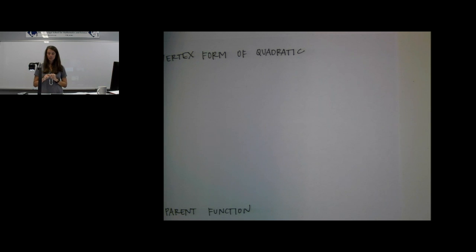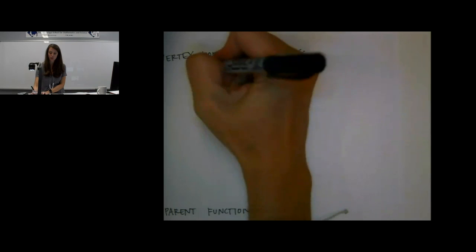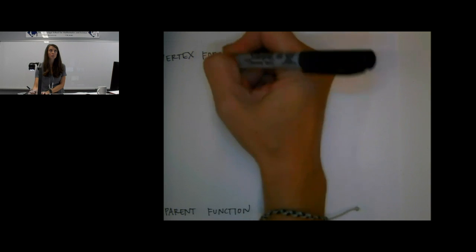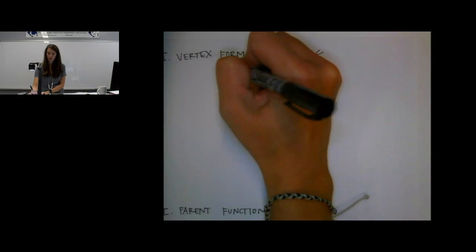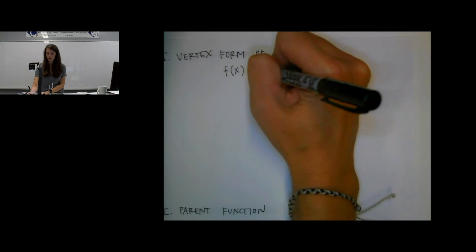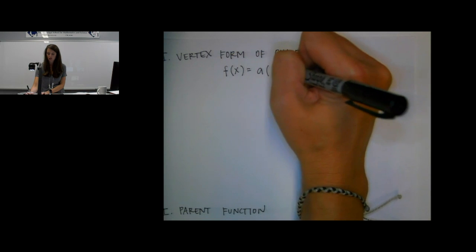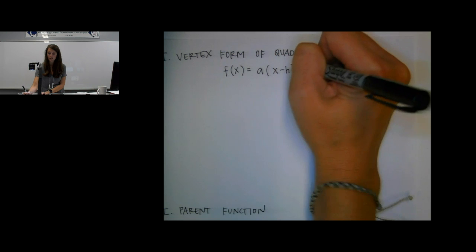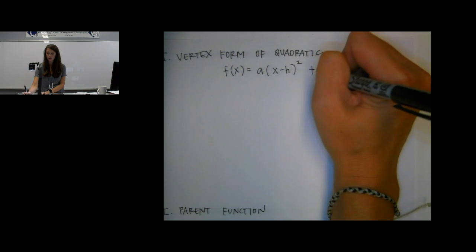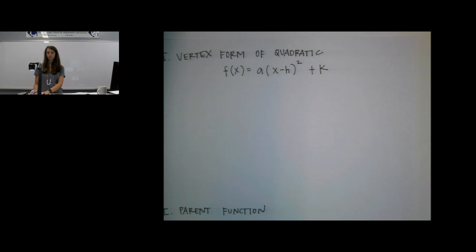All right, so the vertex form of a quadratic function is f of x equals a times x minus h squared plus k. Okay, so this is very similar to the absolute value.